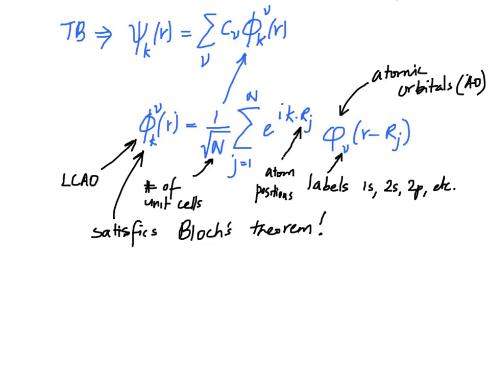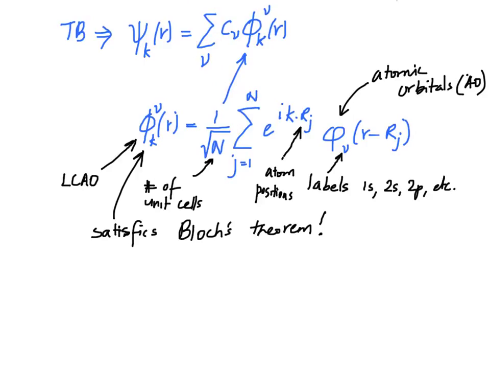Before we prove that phi satisfies Bloch's theorem, we are going to make one simplifying assumption and make one interesting, important observation. The simplifying assumption is that our nu can take on only one possible value, the 1s level. So we allow nu to be just 1s instead of 1s, 2s, 2p, and so forth, which means we can safely get rid of this summation.